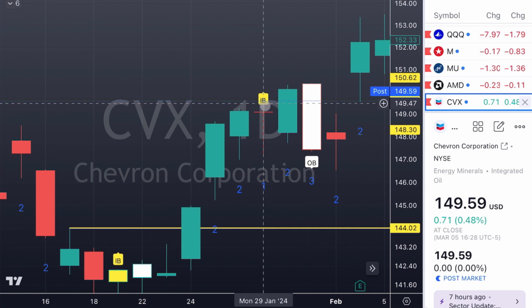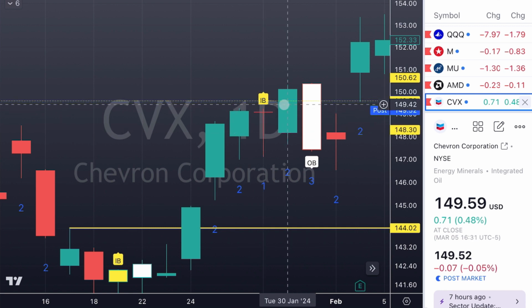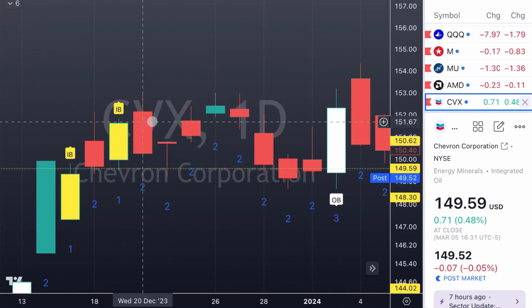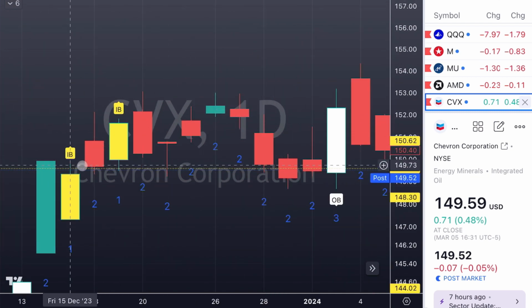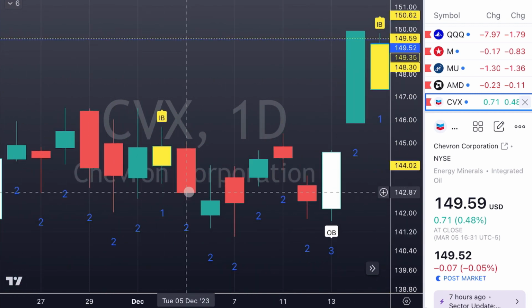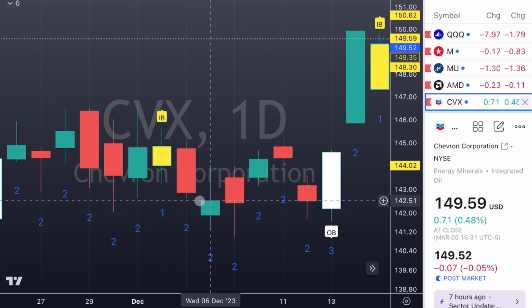Doesn't always happen. Here, we triggered. Here, where we opened, we triggered and we hit targets. Okay? You look at this inside bar, we triggered and hit targets. This inside bar, we triggered, we hit targets. This inside bar, triggered. Look at it. I can't make this stuff up.